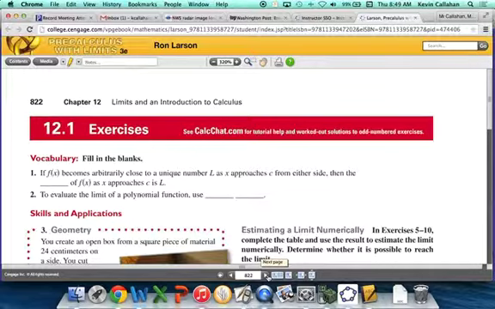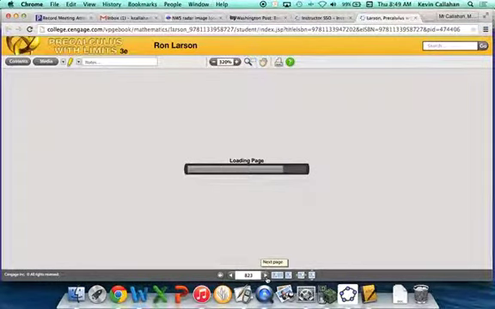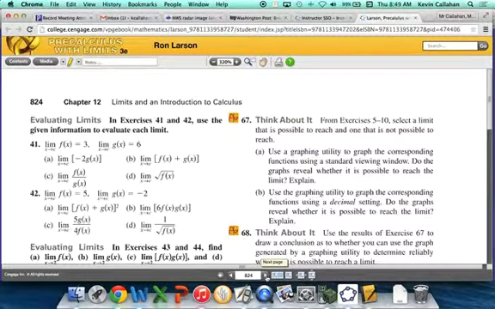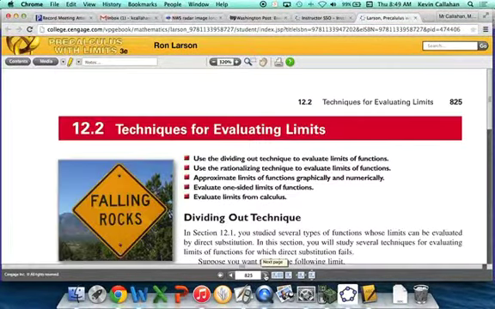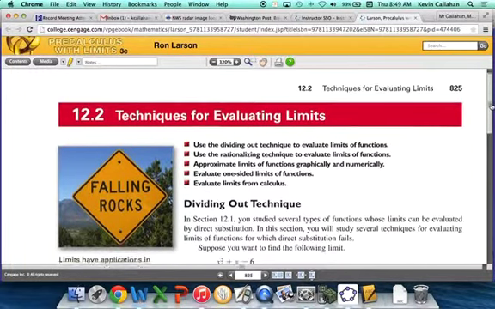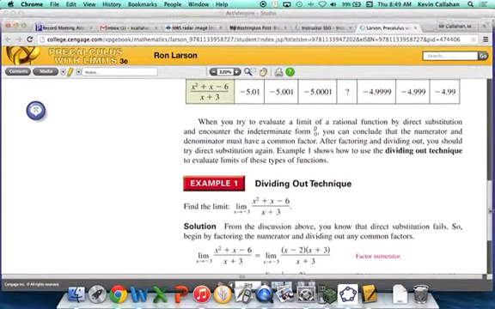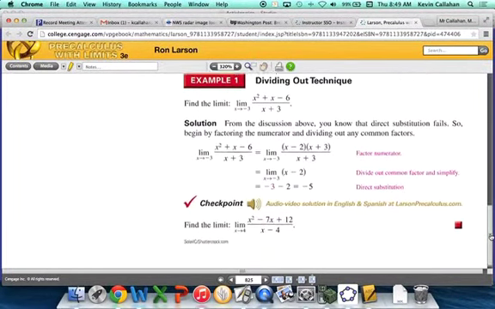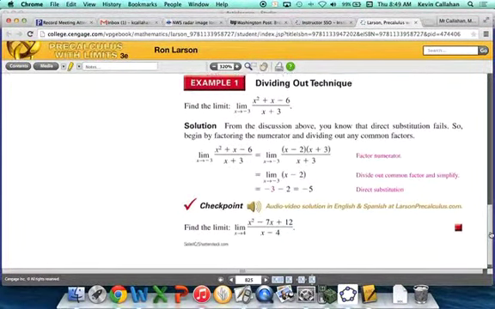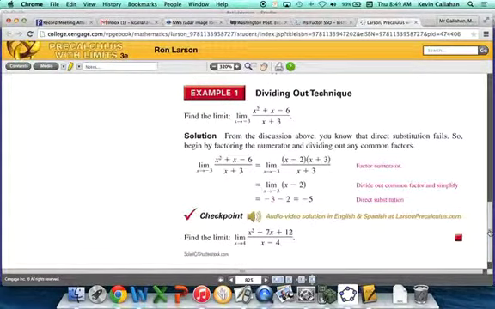Oh, these are the exercises. Oh, did they not do the graph? Okay, they didn't do the graph.